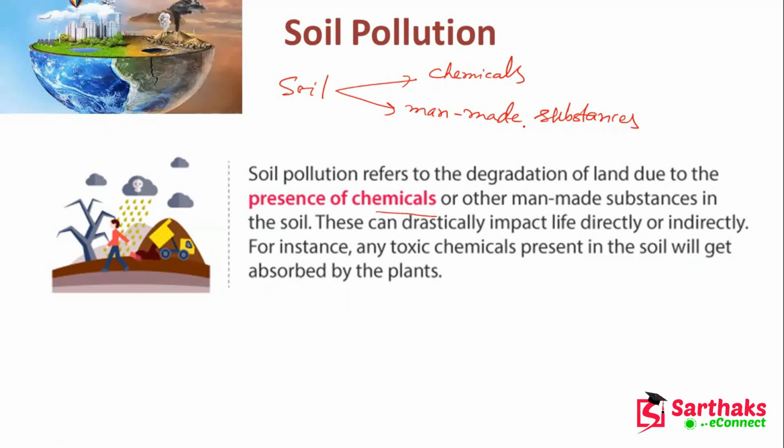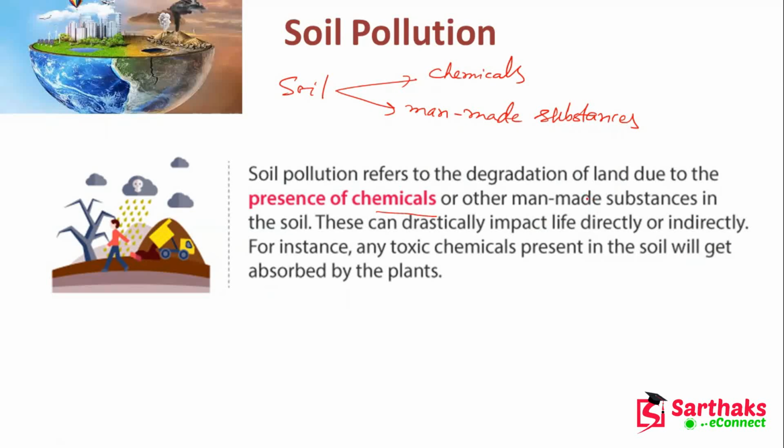I am going to discuss this topic because soil pollution is very much correlated with water pollution. If the soil has been polluted, that means water pollution will increase. So man-made substances and the presence of chemicals will degrade the soil quality or land quality.